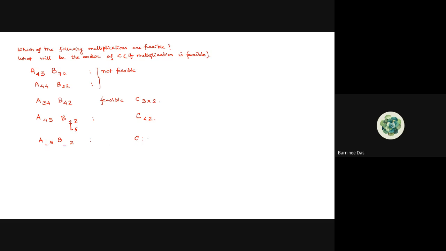Sir, A will be M cross 5. Yeah, so this will be 5. This can be any number. Now A is 3 cross 5, C is 3 cross 2, and this will be 2. Okay.